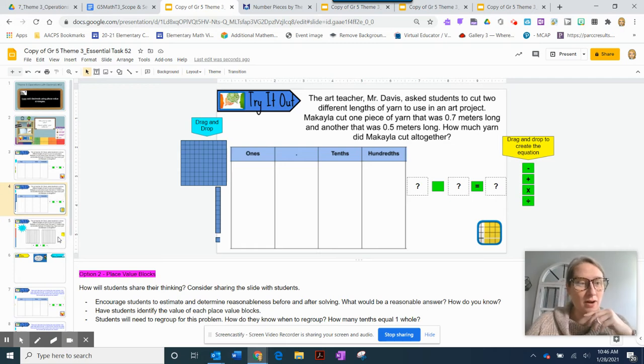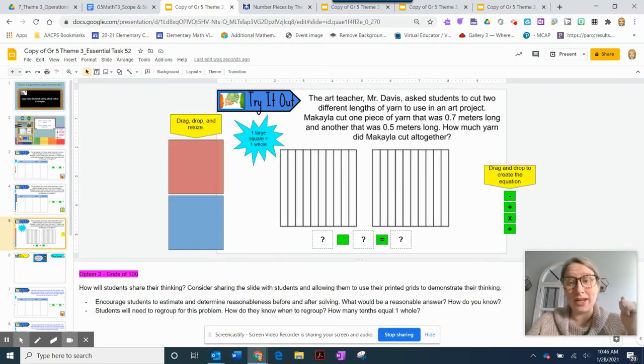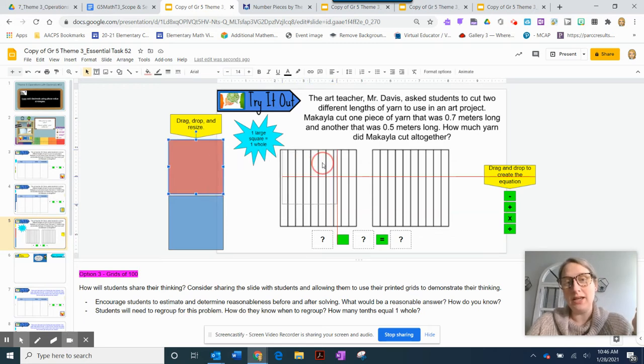Then you'll notice our place value grid, our grids of 100. In this case, these are grids of 10. So if one large square is one whole, each column would be 1/10. So they could shade, right? They could drag, drop, resize. So I could show you my 7/10.